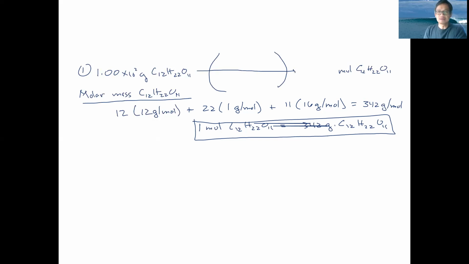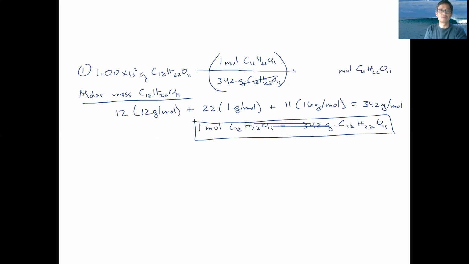The way we plug it in is, remember, we want to cancel out this starting unit and end up with this final unit. So we plug it in with 1 mole of C12H22O11 over 342 grams of C12H22O11. Why do we divide here?